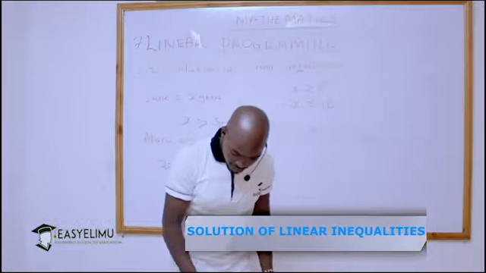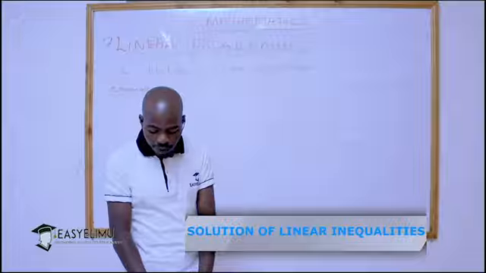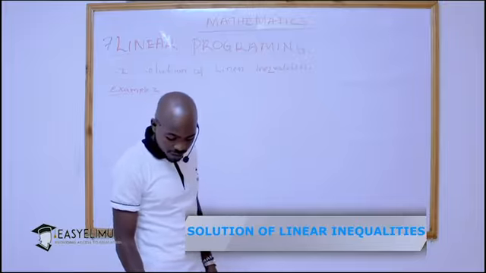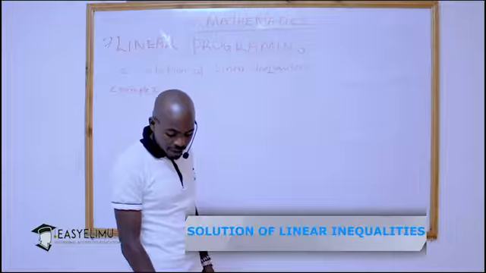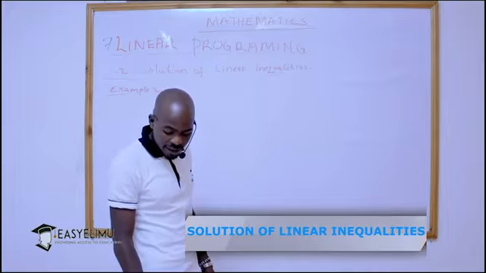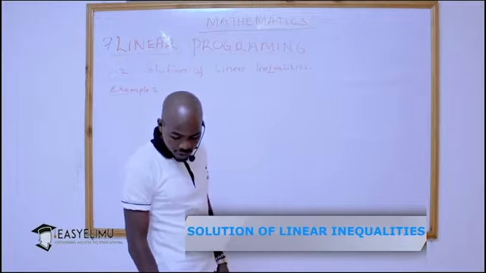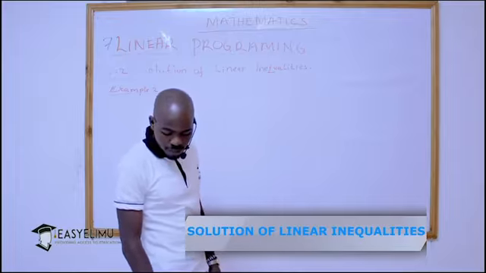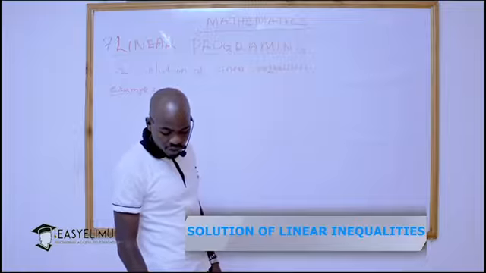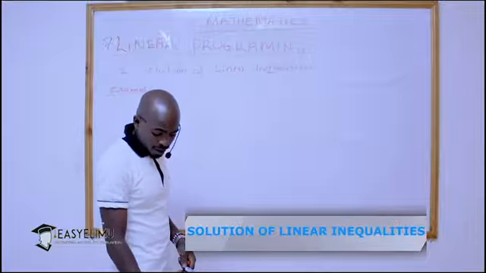And we are saying that the length of a room is 4 meters more than its width, the width is greater than 5 meters, while the perimeter of the room is not greater than 36 meters. Given that the width of the room is b meters, find the range of values of b satisfying all the inequalities representing the given situation.